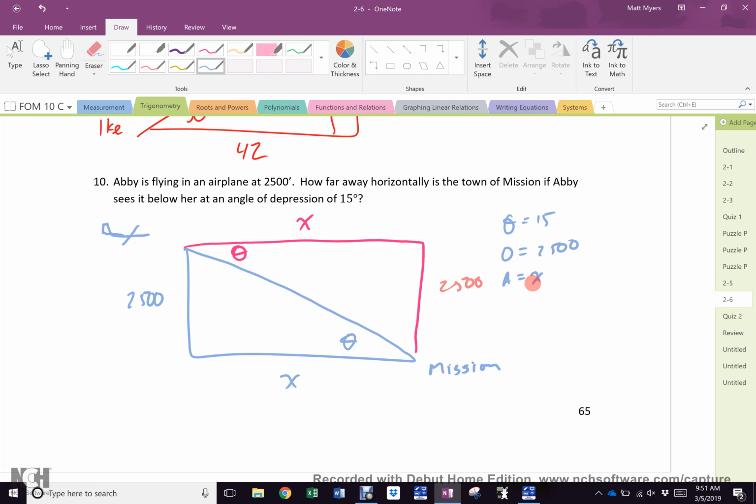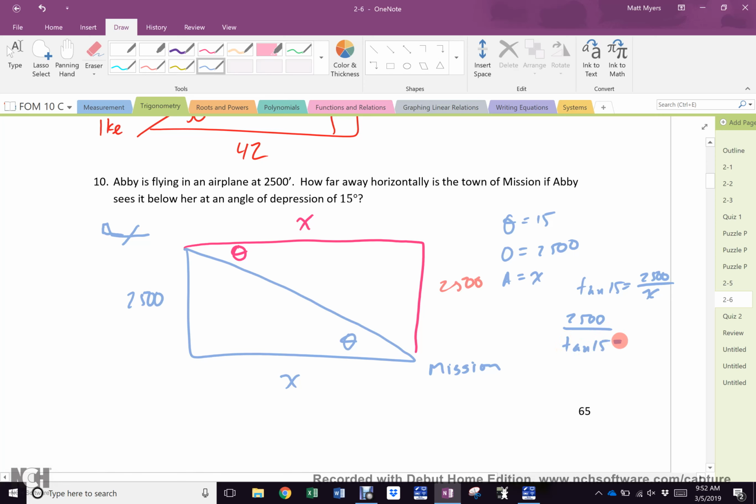And now we're back to the same thing we've done about 150 times. What uses O and A? Tan 15 is O, 2,500 over x. Unknown on the bottom, 2,500 divided by tan 15 equals.